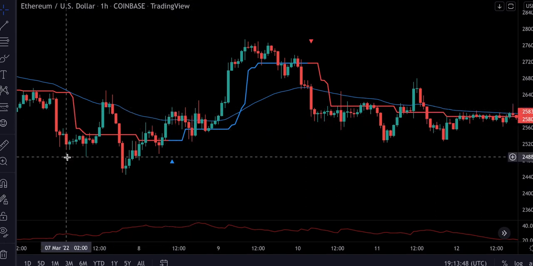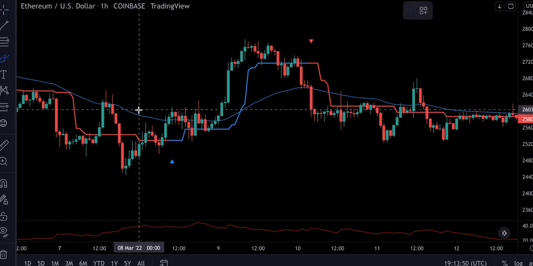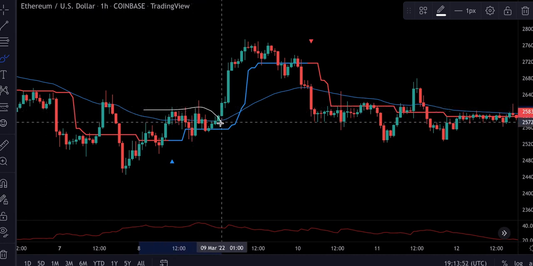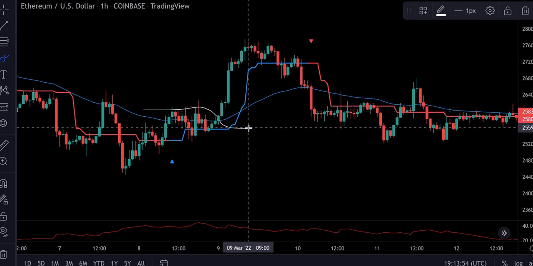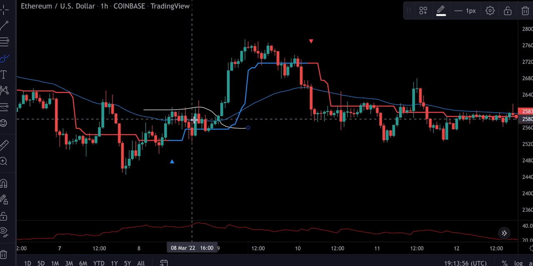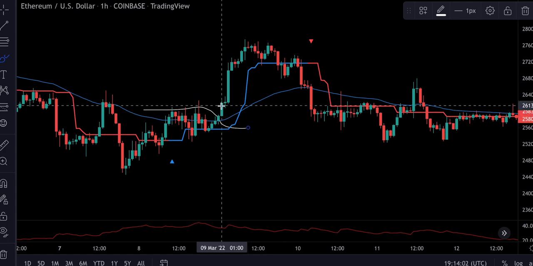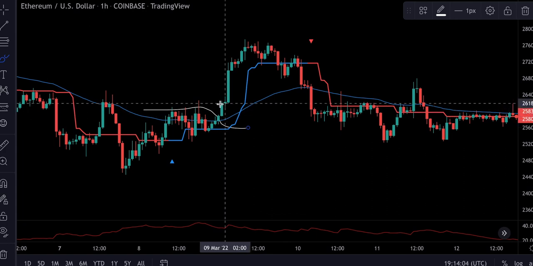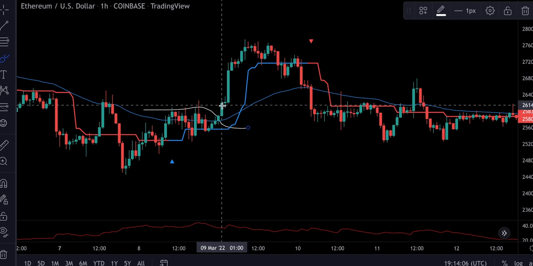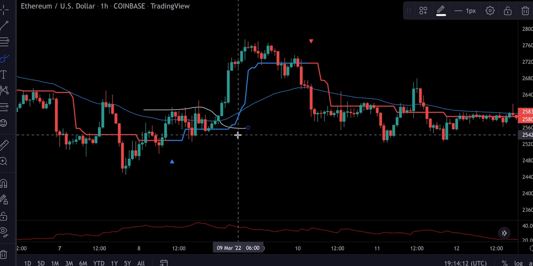Imagine the moving average goes like this, and it goes like this. So we have our price below the moving average, and now we're waiting until the price crosses and closes above it. So we would enter a long trade somewhere here, because this is the second candlestick that closed above the moving average. I hope that makes sense.